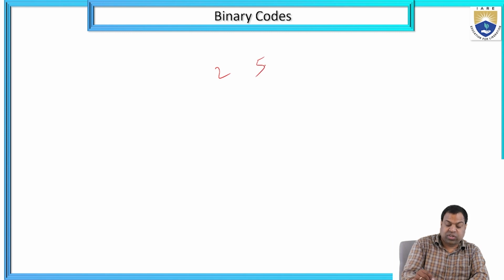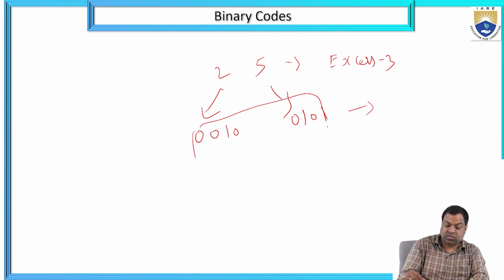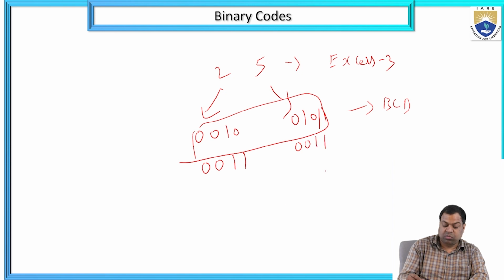Suppose I am taking 25, convert to XS3. So 2 means 0010 and 5 means 0101. So it is the BCD value. For the BCD, we add plus 3. Plus 3 means 0011 0011. Excess 3 means we add plus 3 to the BCD.